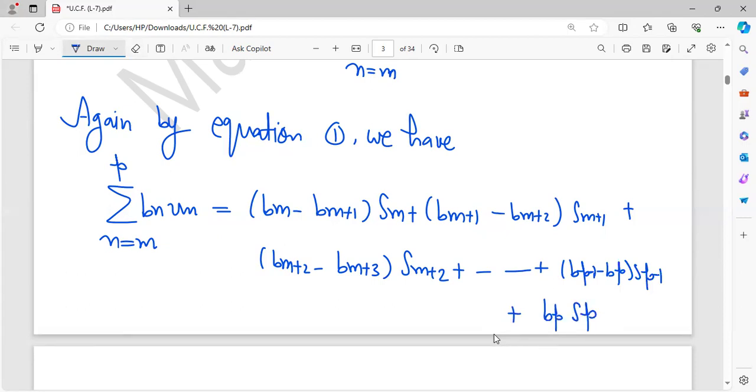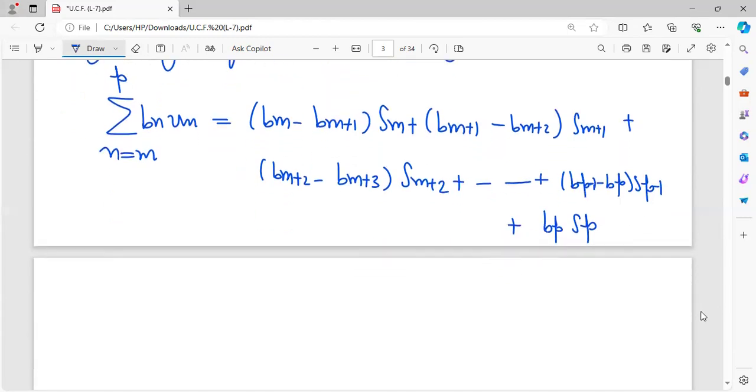Now Sp is bounded above by capital K. So if we put capital K in place of Sp, the summation will increase.